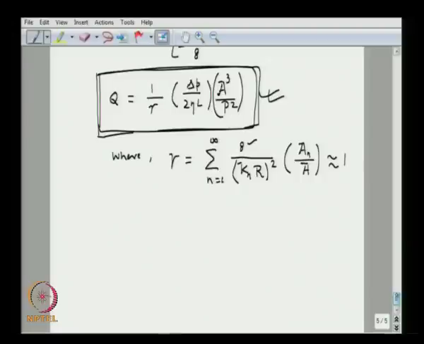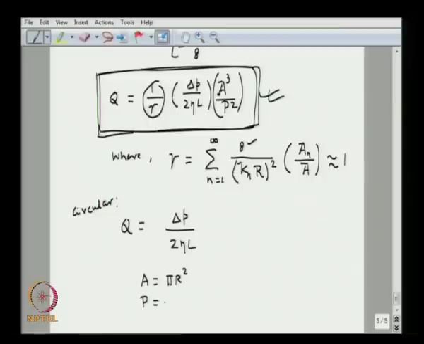So, you can try for a circular cross section. Gamma will be exactly equal to 1. So, for a circular cross section, delta p over 2 eta L, with area pi r square and perimeter 2 pi r.